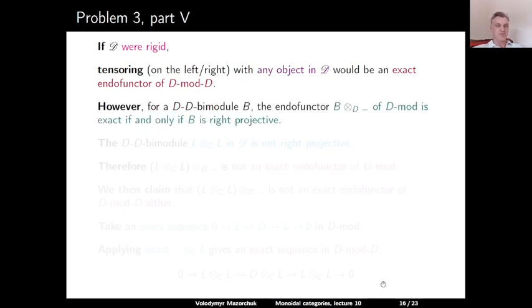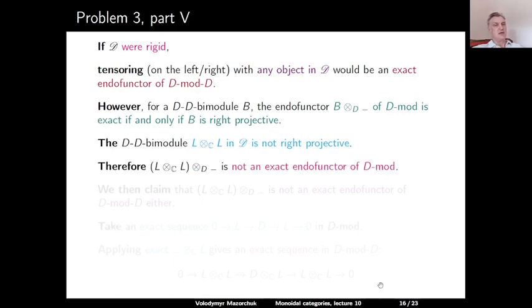At the same time, if we have a D D bimodule, we know that the endofunctor of the category of all D modules given by tensoring with this bimodule on the left is exact if and only if our bimodule is right projective. In our category Carly D, we have the bimodule L tensor L, which is manifestly not right projective. Therefore, we automatically get that tensoring with this bimodule is not an exact endofunctor of D mod.